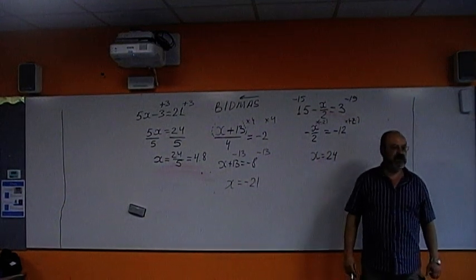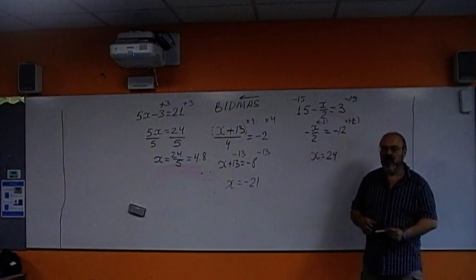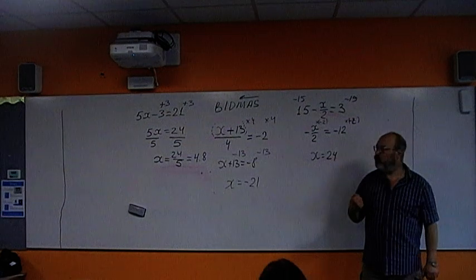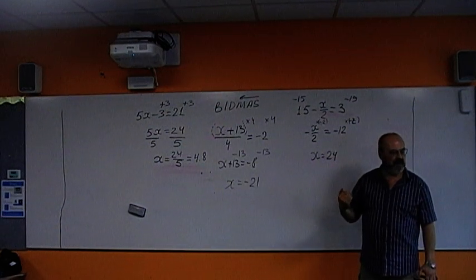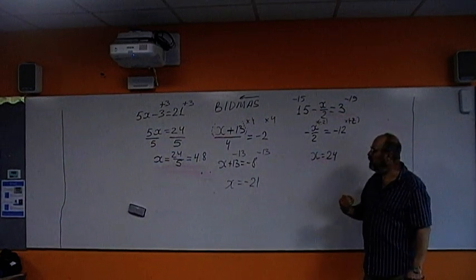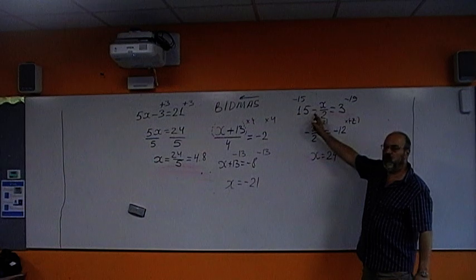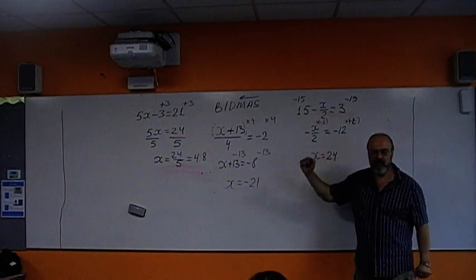That's pretty much how you solve two-step equations using the fact that if you do the same thing to the left and right hand side, you get an equivalent equation. Remember, do the same thing and don't lose the minuses from line to line.